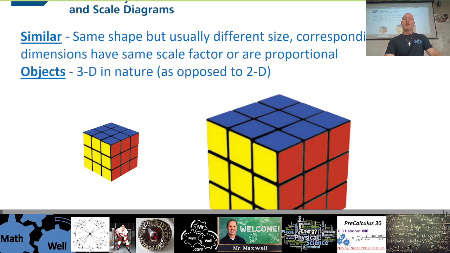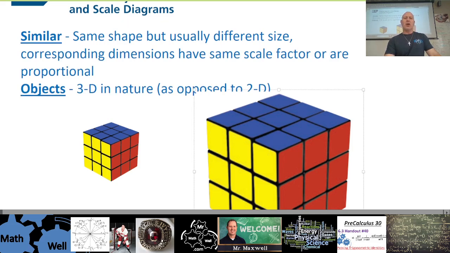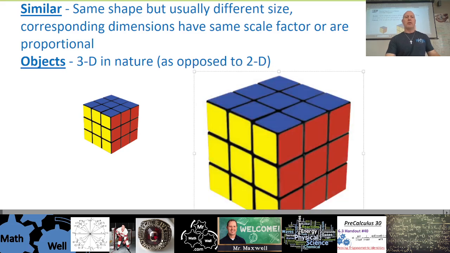So all of the corresponding dimensions would be proportional in the same way, all right? So you know about corresponding dimensions as well. I have it written here in the notes. But corresponding dimensions would be the sides that are in the same orientation as the original. So the height. Wrong pen.